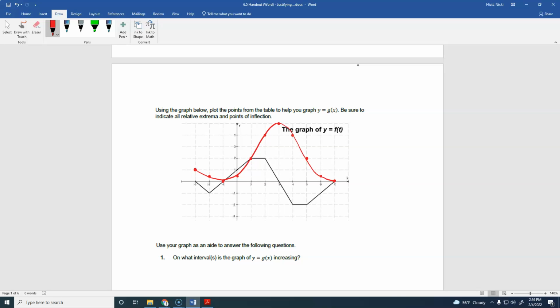All right. So, I've kind of drawn in a curve. It may or may not look exactly like that, but probably follows more or less that there.